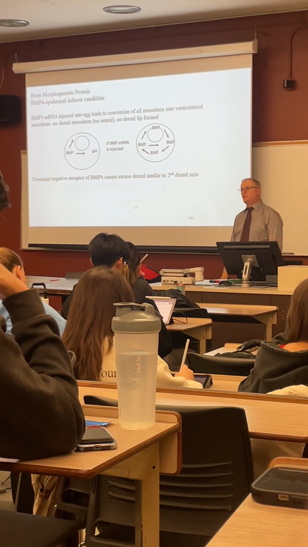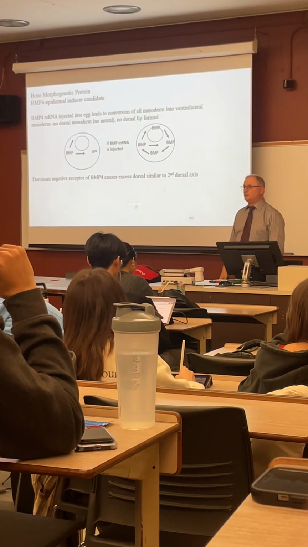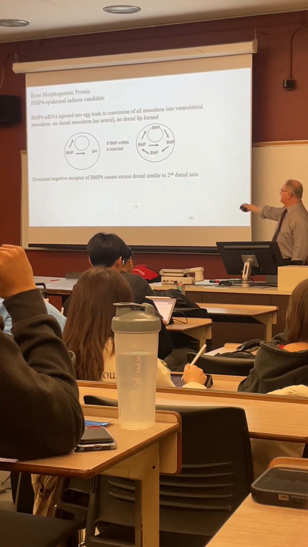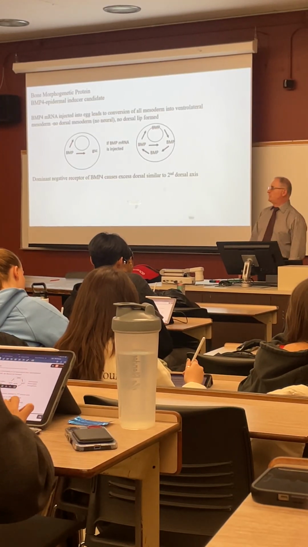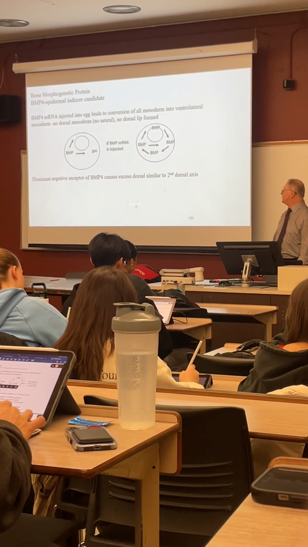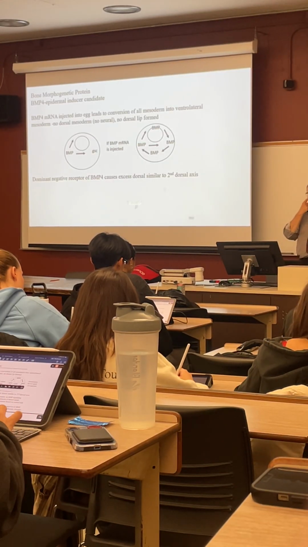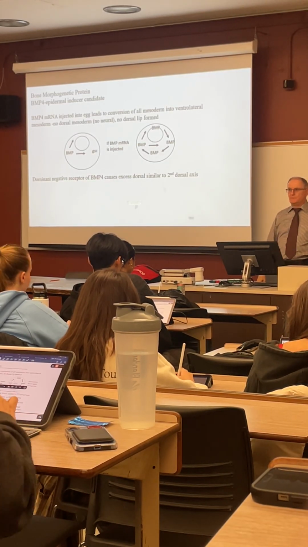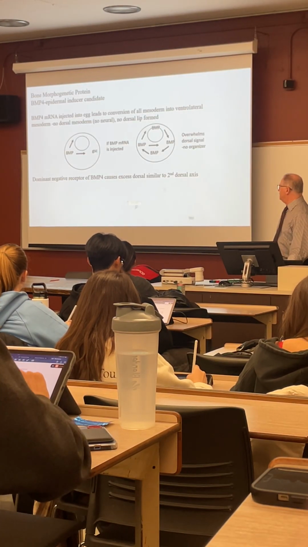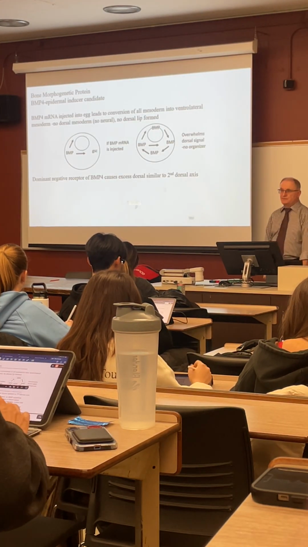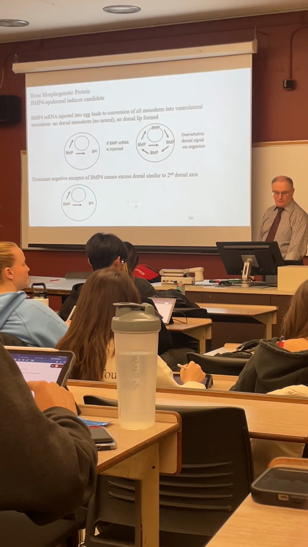You will not form a dorsal organizer, and you will not form neural tissue. So if you overexpress BMP, you get no neural. It's all epidermis. BMP is just going to make epidermis everywhere. Make sense? So it's overwhelming the dorsal signal. There is no dorsal, there is no neural, just epidermis everywhere.